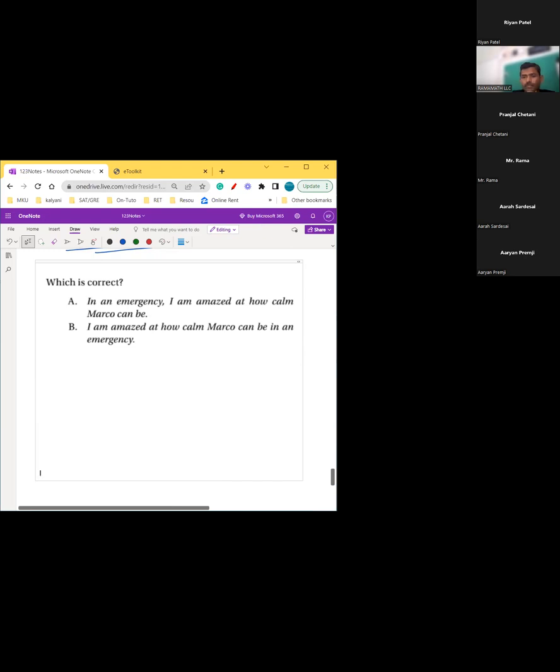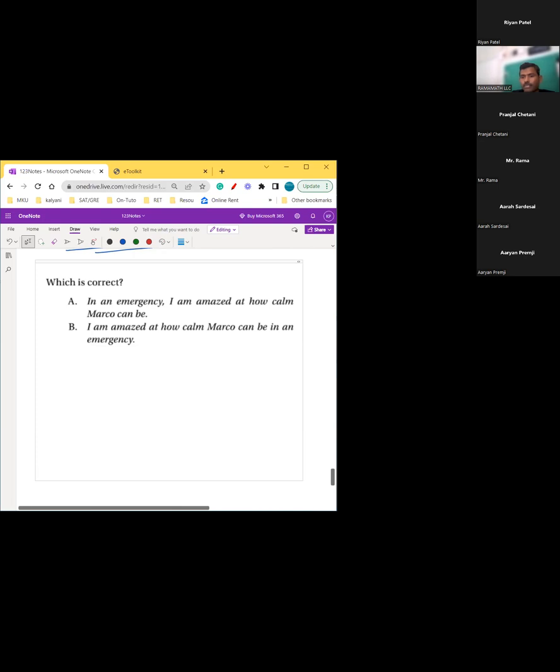Okay, so if you look at this one, what does the prepositional phrase "in an emergency" modify? The question is, when can Marco be calm, rather than when can I be amazed?